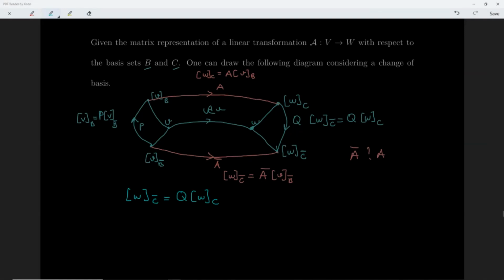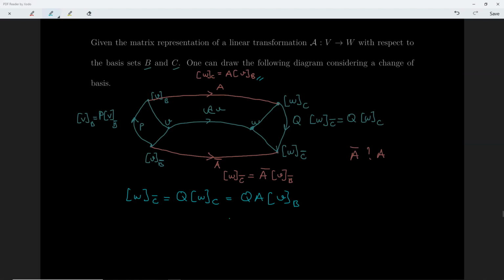And we also know that the A matrix defines the relation between the representation of W in C and the representation of V in B. So I can write that as Q times A times the representation of V with respect to B, from this equation over there. And lastly, I can write the representation of V with respect to B as an invertible matrix P times the representation of V with respect to B bar.